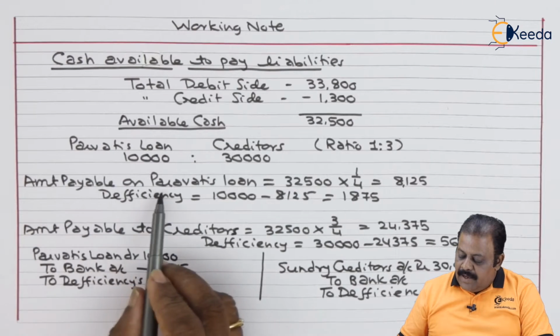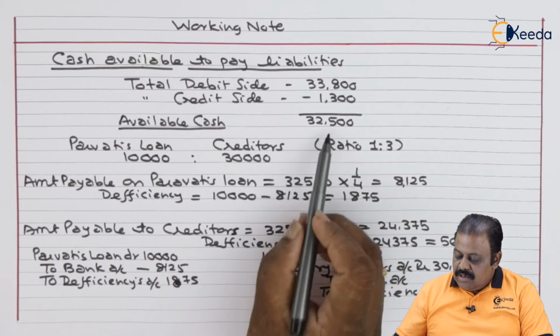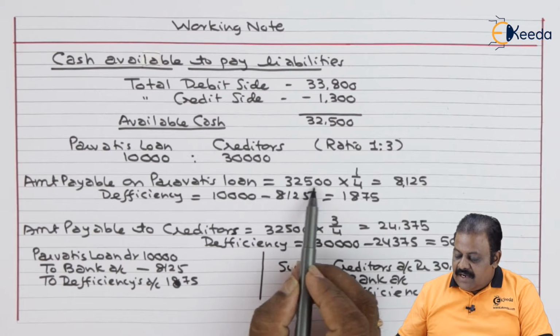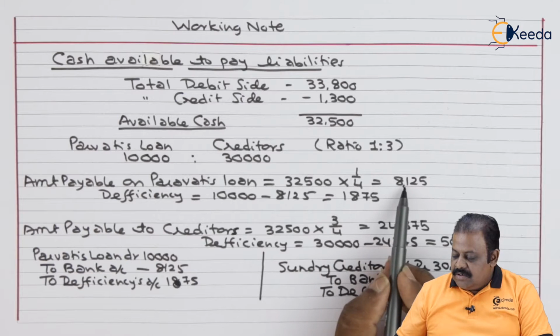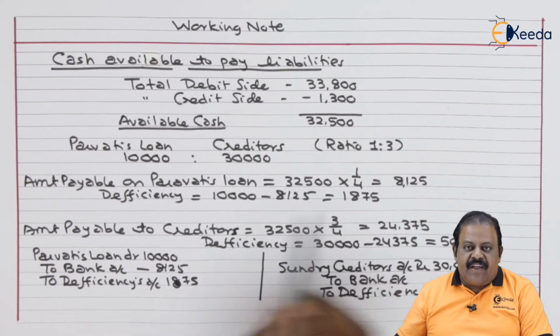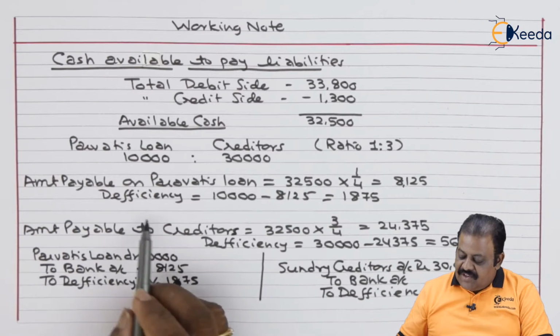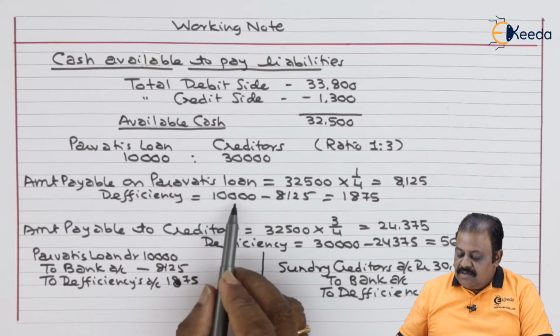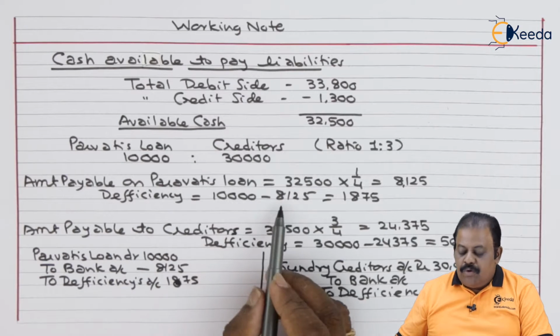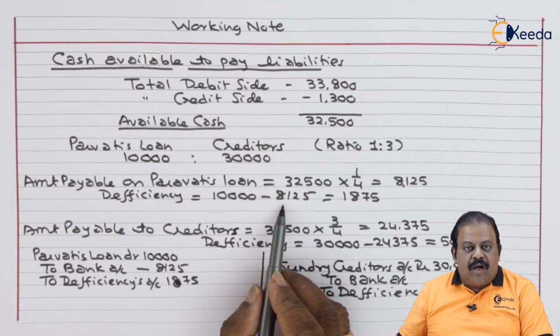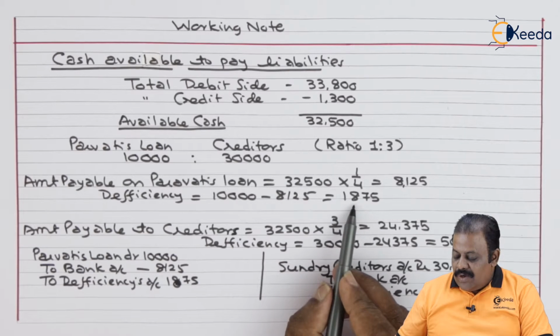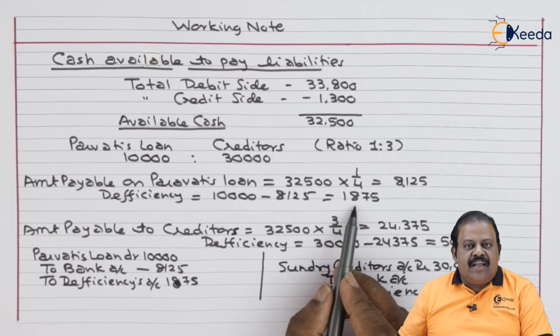Accordingly, amount payable on Parvati's loan, available cash 32,500 multiplied by 1/4, is 8,125. So the deficiency in her case will be 10,000, the amount due, minus cash paid 8,125, which is 1,875.